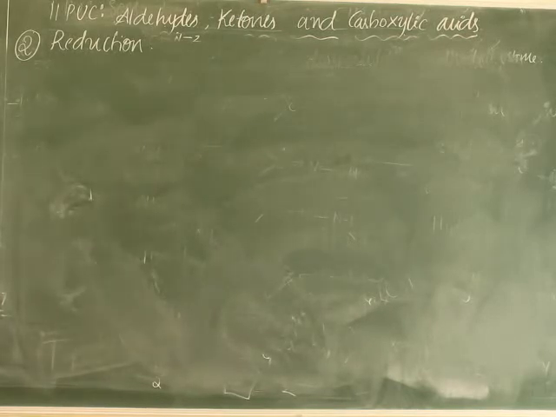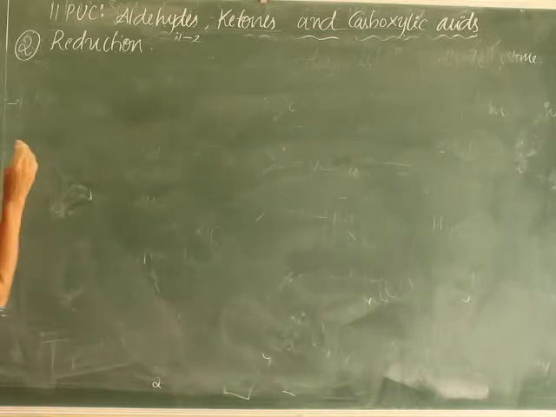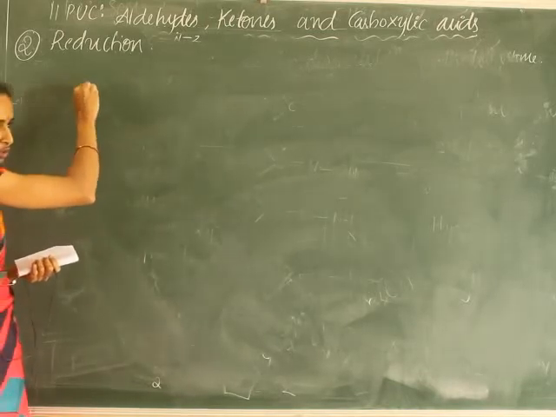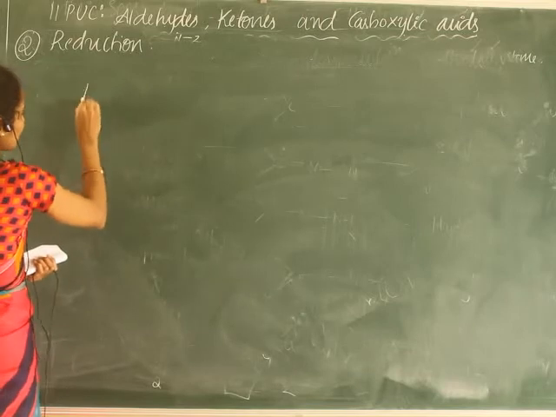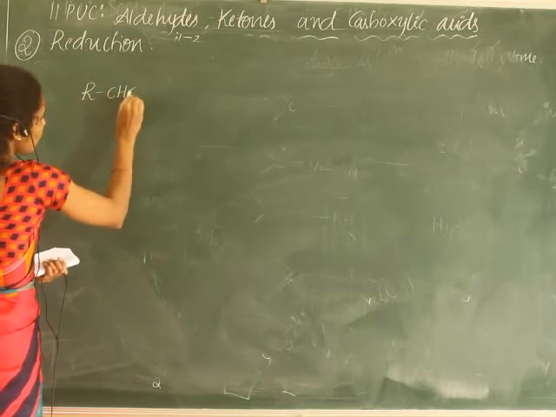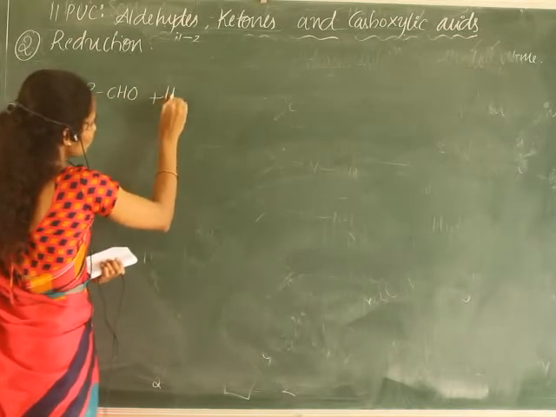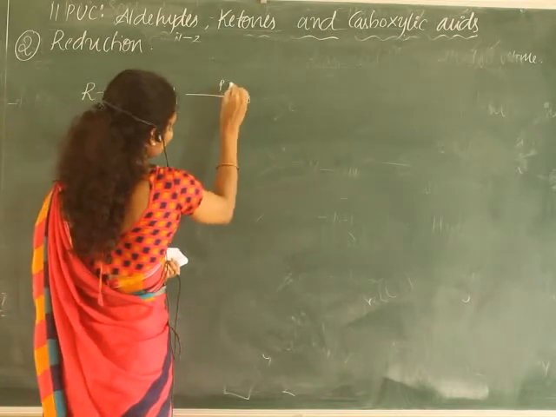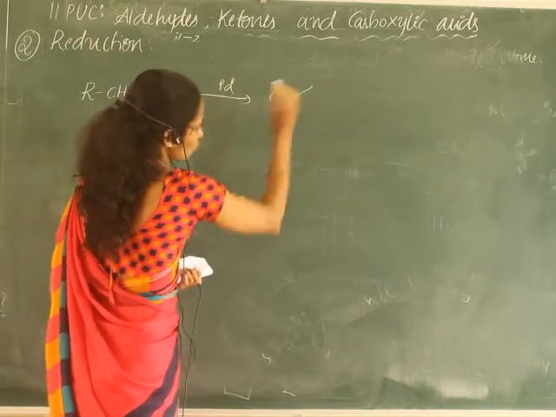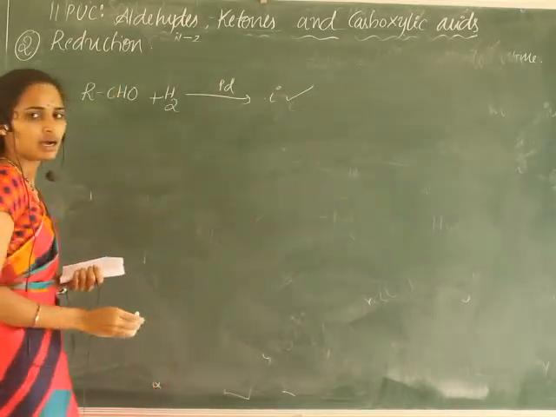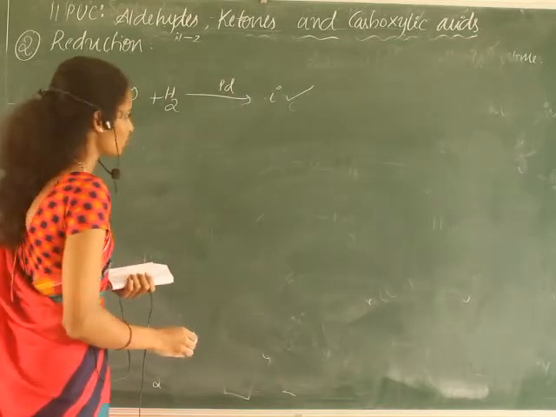Aldehydes give primary alcohol and ketones give secondary alcohol. I am not going to explain this, but that must be there in your notes. Aldehydes on reaction with hydrogen in presence of palladium catalyst result in the formation of primary alcohol, RCH2OH.